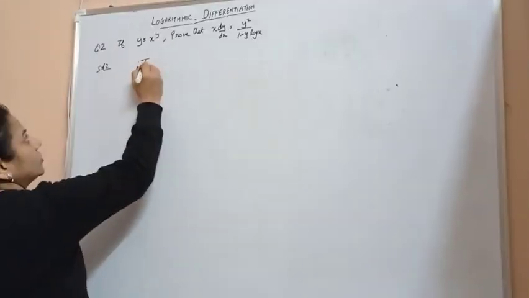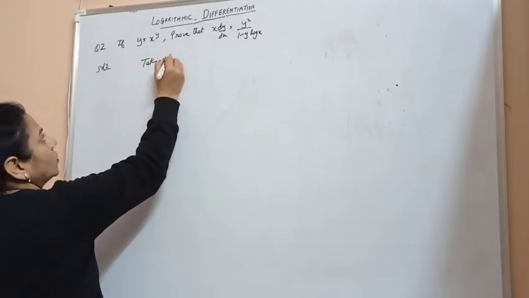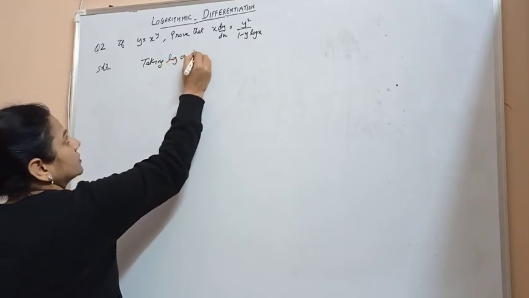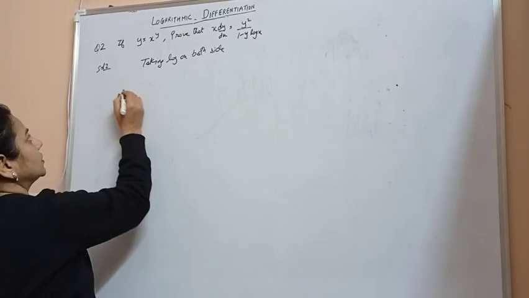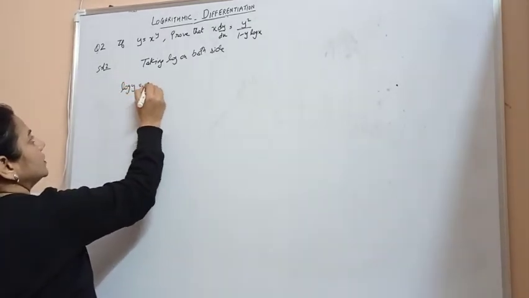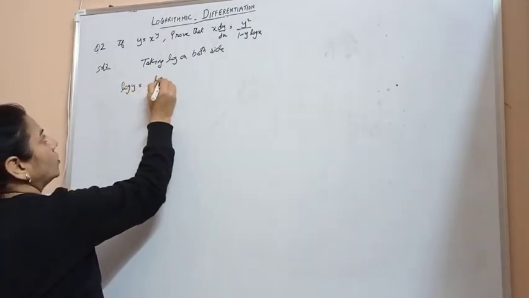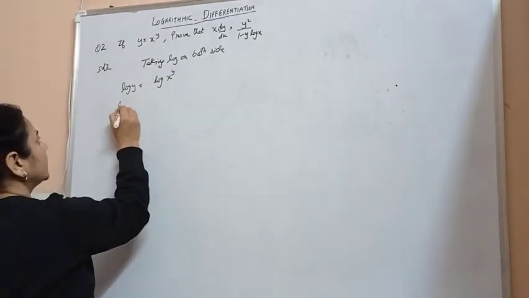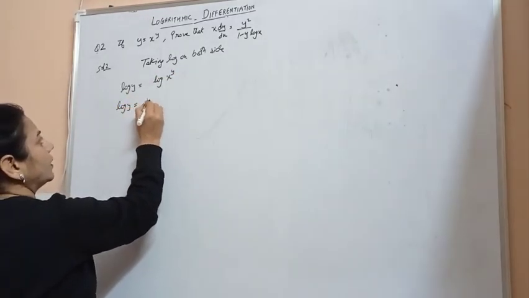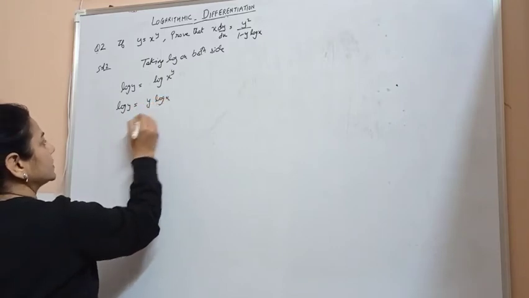So I get log y is equal to log x to the power y. Power comes forward. So here I get log y is equal to y times log x.